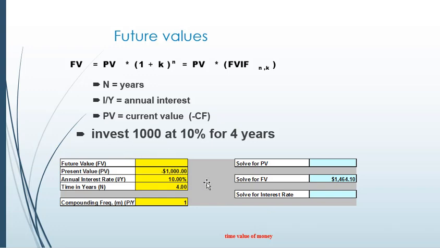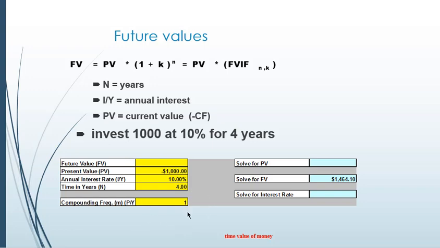The one thing we have to recognize, though, is that present values are always designated as negative numbers. It implies an investment today. So we're going to invest $1,000 at 10% for 4 years. On that spreadsheet, negative 1,000 is the present value, interest rate's 10%, time in years is 4.